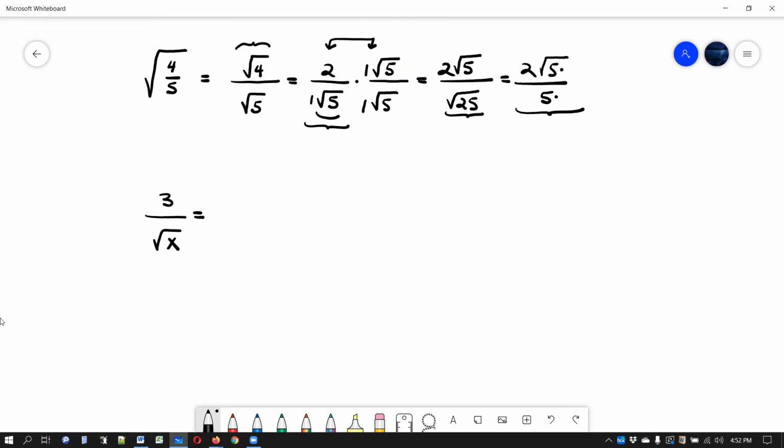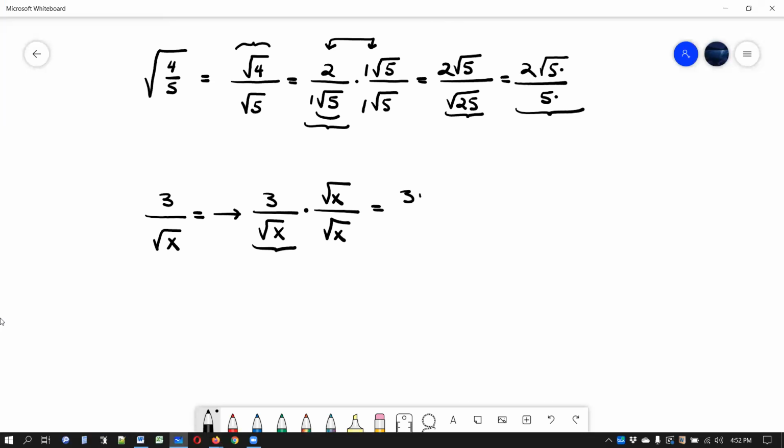All right, we have to turn this into a rational number. And in order to do that, we are going to multiply numerator and denominator by the radical denominator.